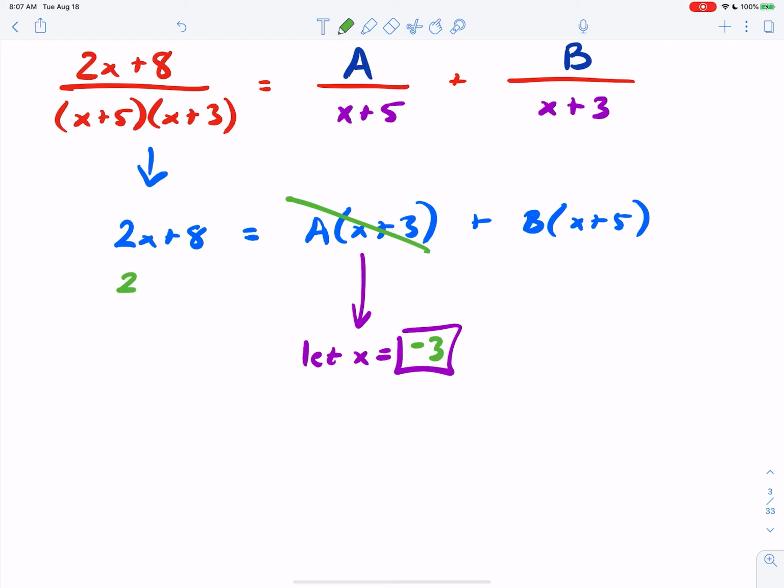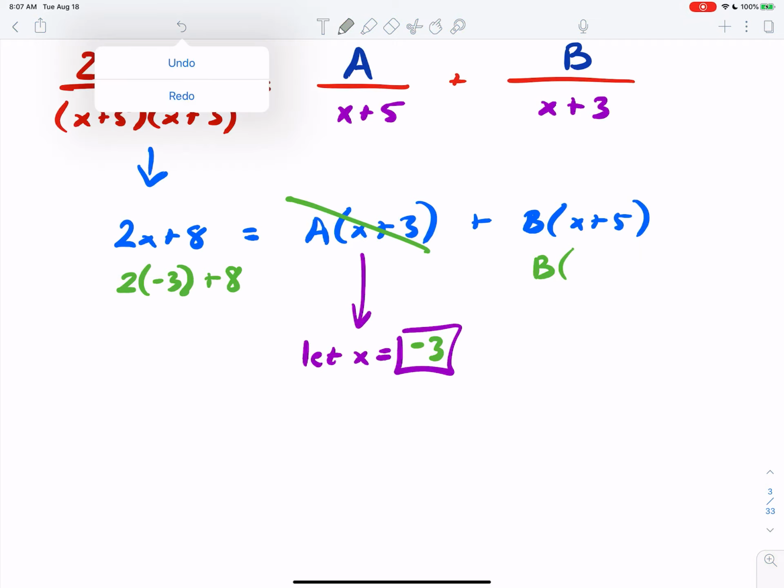Over here will be just 2 times -3 plus the 8. And over here will just be b times -3 plus 5. So if you look at everything in green, there's only one missing variable, and that's b now. Okay? So let's do that one more time.